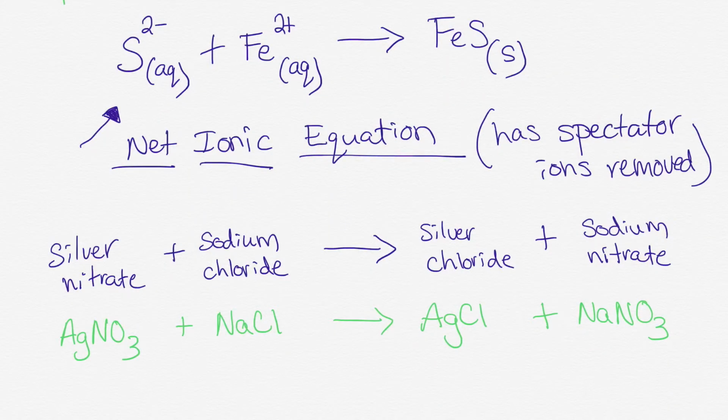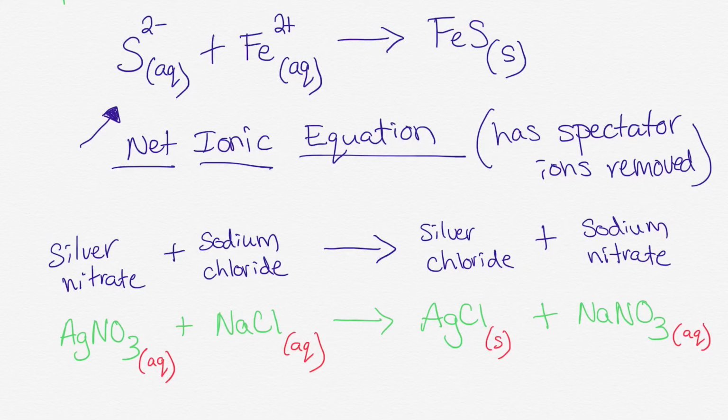When we're going through our solubility table, we want to make sure we include whether we're going to be soluble or insoluble in water. And so silver nitrate, like all nitrates, is aqueous. Sodium chloride, we already know, dissolves in water. Silver chloride, though, happens to be insoluble. So it is a solid, and then our sodium nitrate is going to be aqueous.